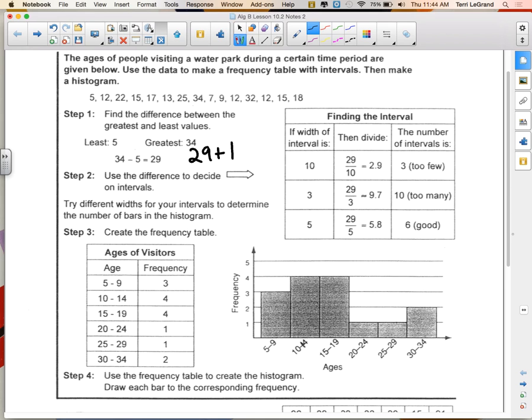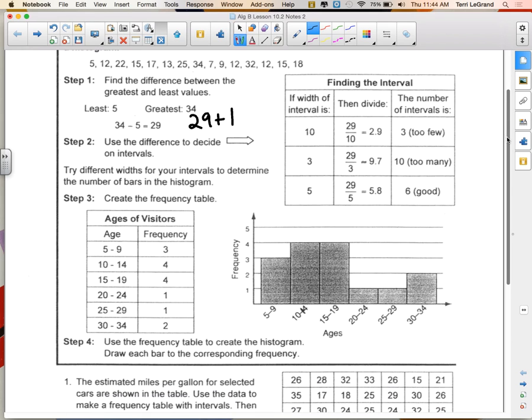Okay, but basically in this example what they did is they left it as 29 and kind of played around like we were just doing with that 80 problems. If the width of the interval is 10, how many times is 10 going into 29? 2.9 times. That would only make about 3 intervals. That's too few. That's not a good histogram or a good frequency table. What if you make the interval 3?